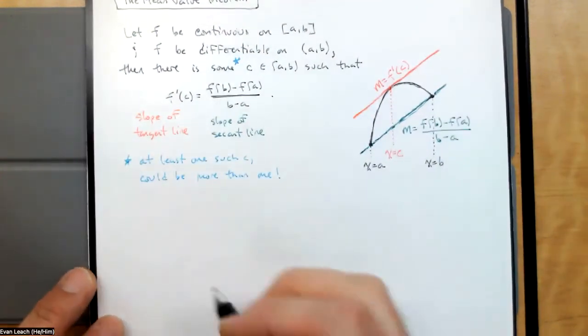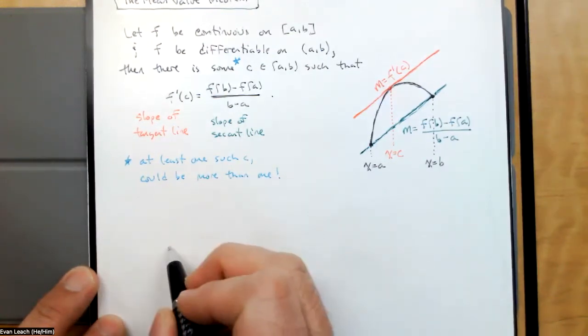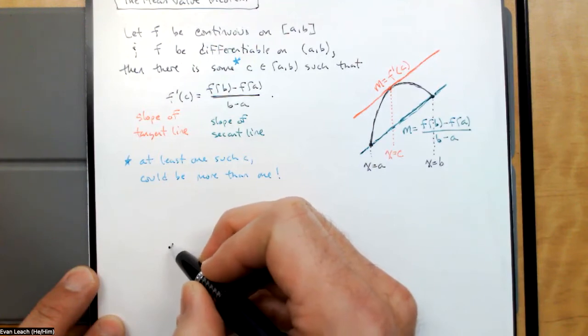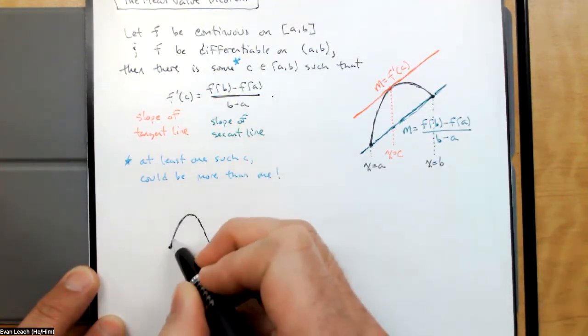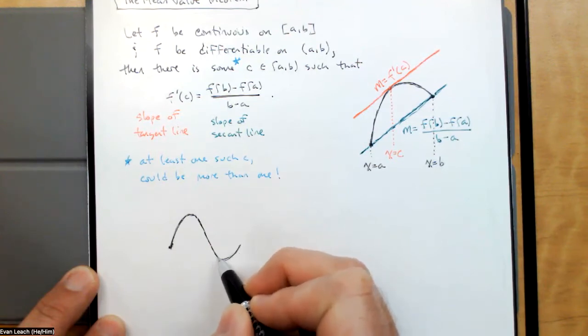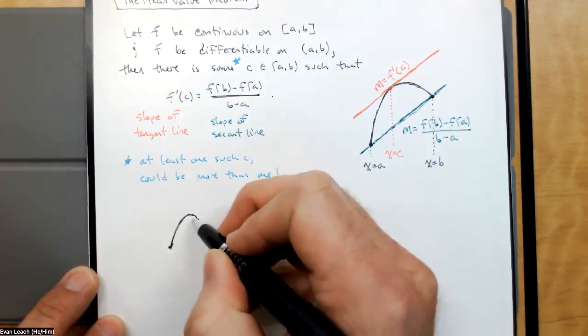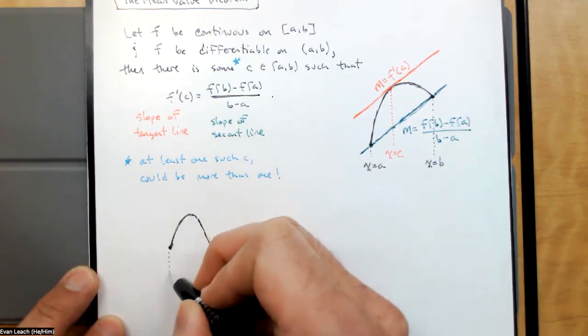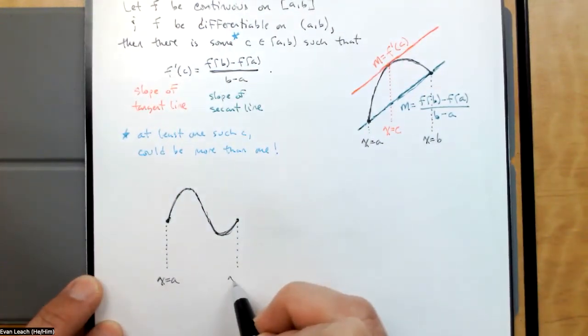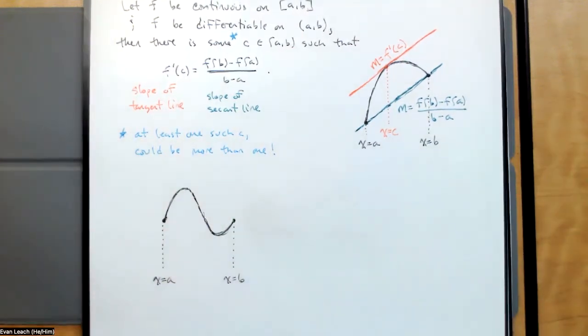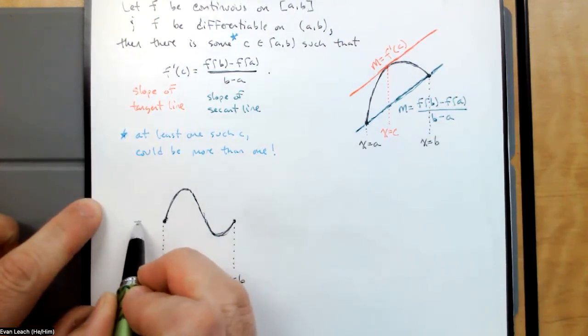In the category of there could be more than one, just imagine... So here, we've got a function that is continuous on the closed interval from a to b and differentiable on the open interval from a to b. Our secant line is horizontal.